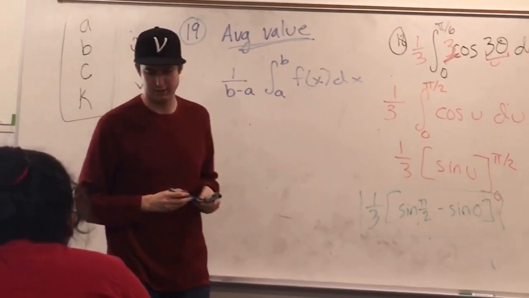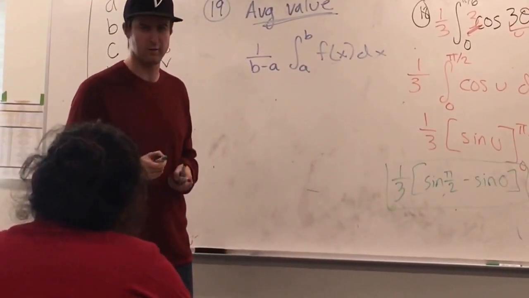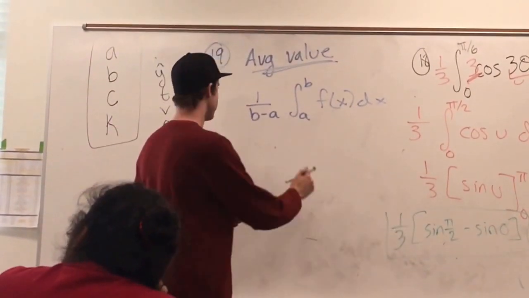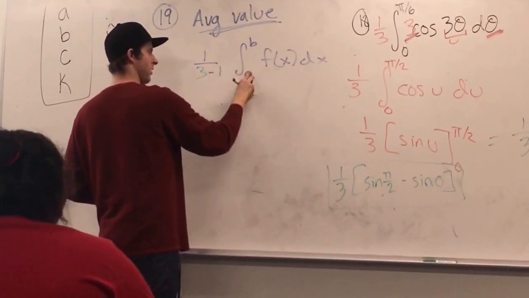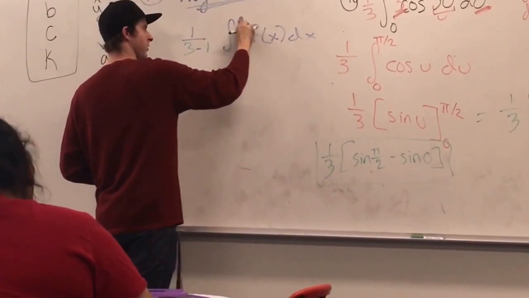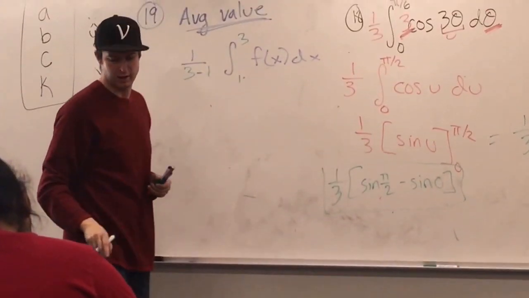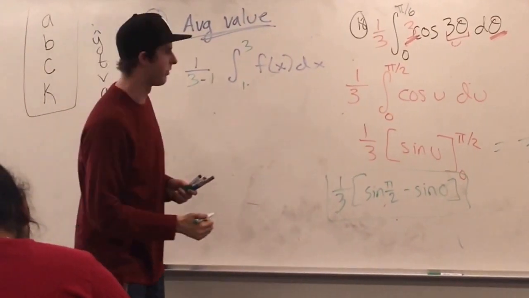So on 19, it asks what's the average value on the interval from 1 to 3? So we're going to make that 1 over 3 minus 1, from 1 to 3, and then it said x minus 3 squared.